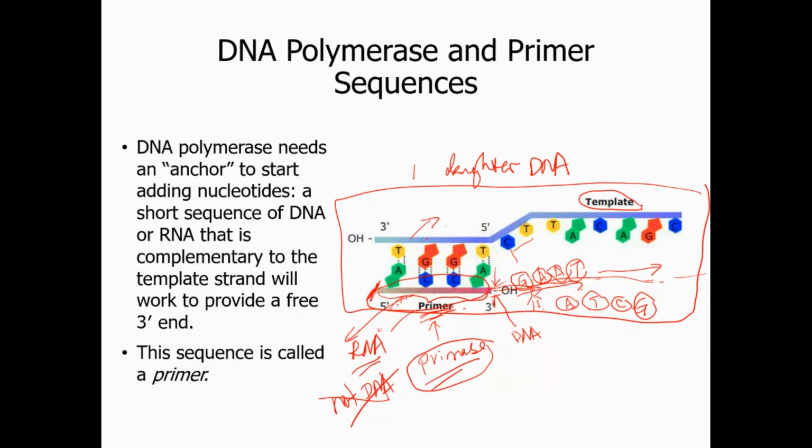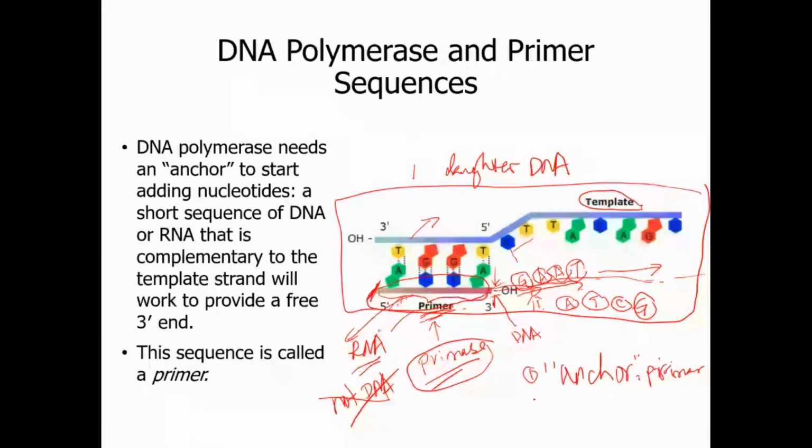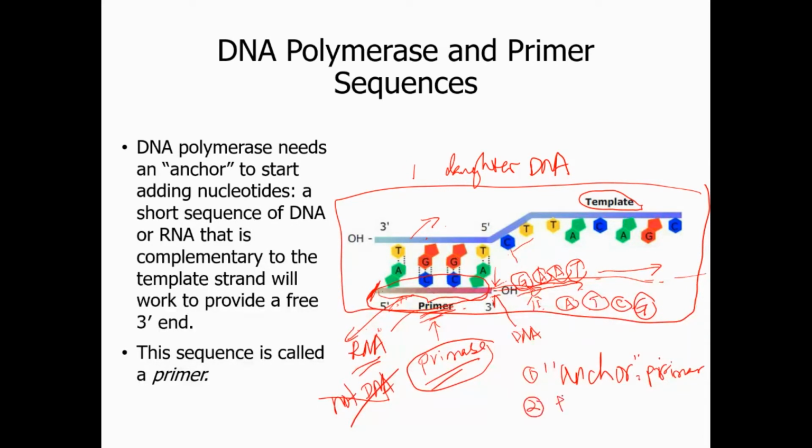Okay, so just to recap, something you really need to remember is that the DNA polymerase cannot start from nothing. It needs an anchor. So that anchor is called a primer. Okay, so that's the first important piece of information. And the second point is that you need to know this primer is actually a segment of RNA and not DNA.